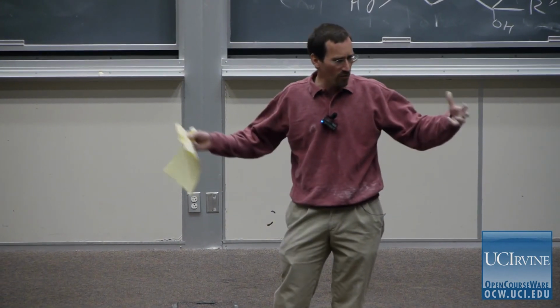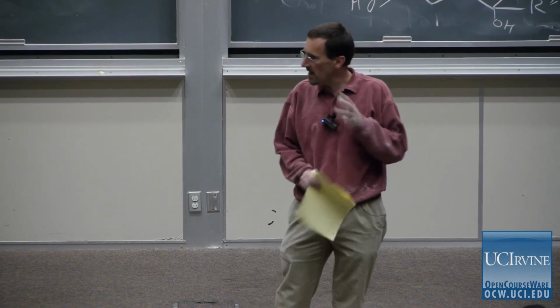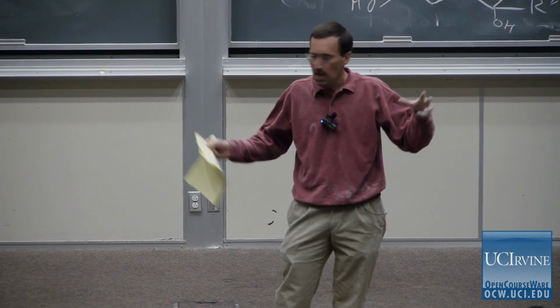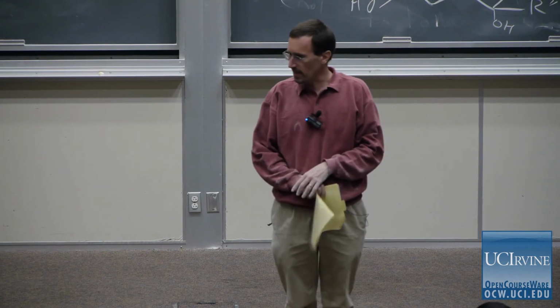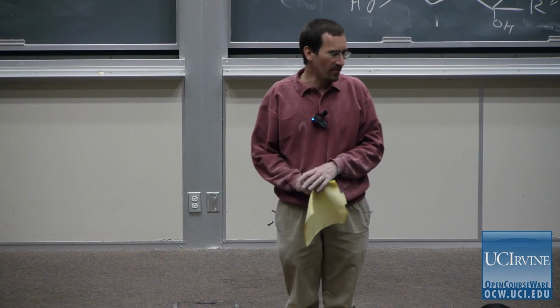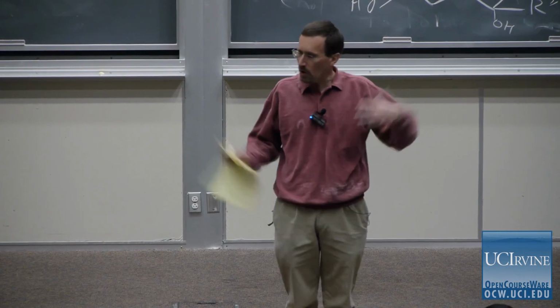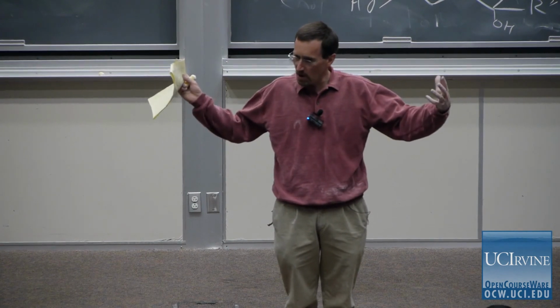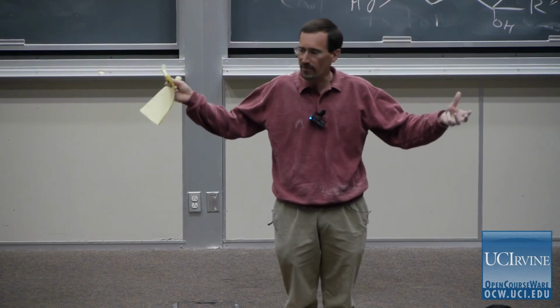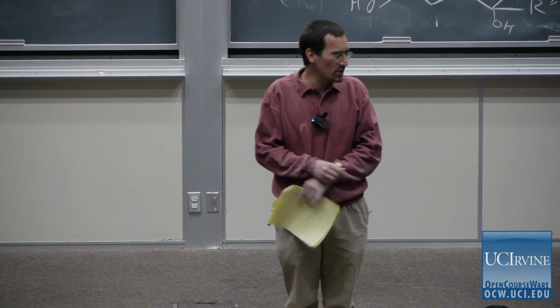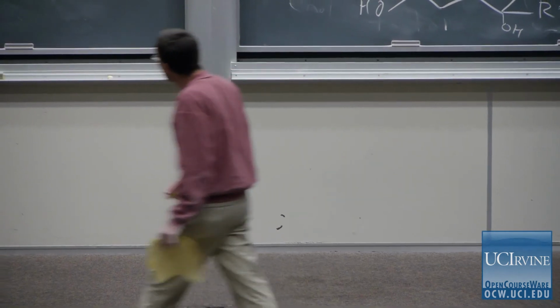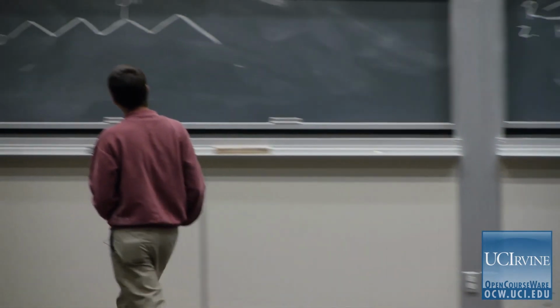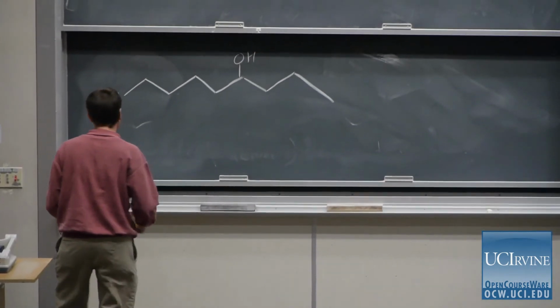Since we're looking to make it from smaller pieces, we probably want to put it together by carbon-carbon bond-forming reactions. Alcohols could come from ketones. Alcohols can come from addition of Grignard reagents to ketones or aldehydes. So we could imagine breaking this molecule apart.